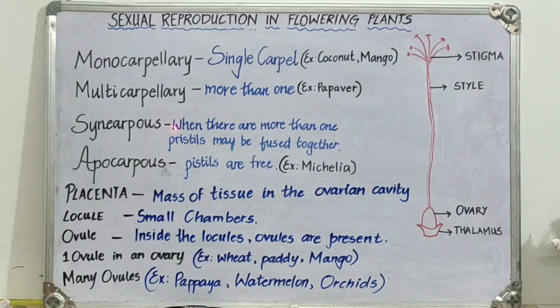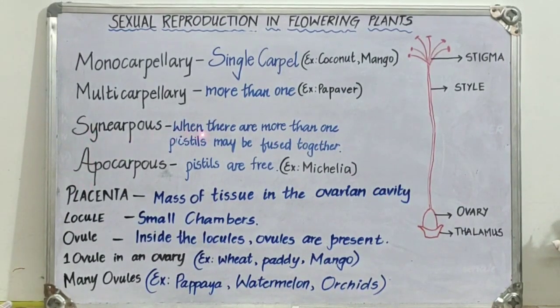One more important point: multicarpellary syncarpous, example Papaver. Again I am repeating, multicarpellary syncarpous. What is syncarpous? When more than one pistil is fused together, it is called syncarpous.